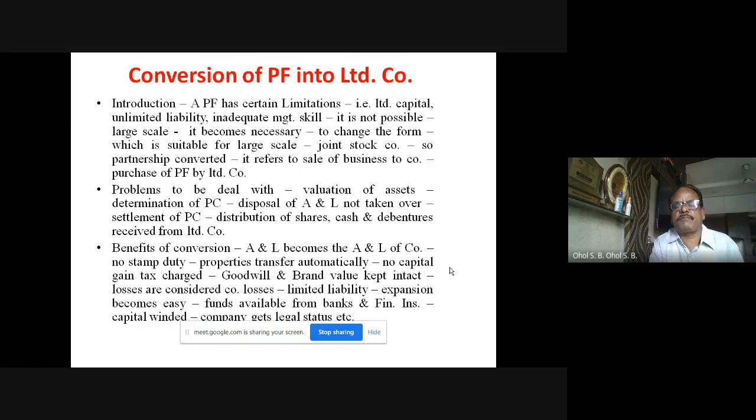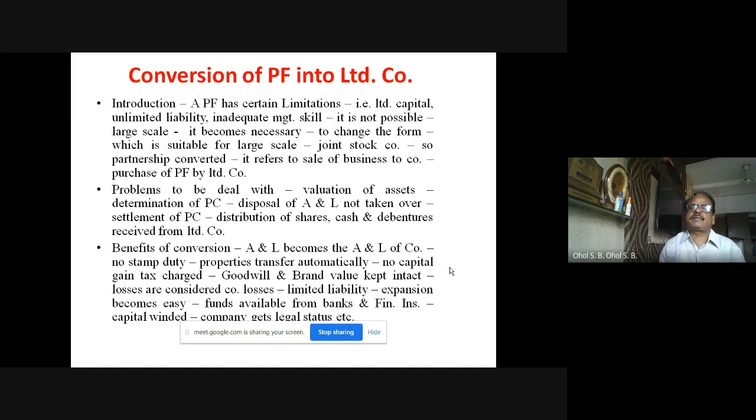So after three or four meetings everything is determined very well, and then the partnership firm can be converted into a limited company. This is the process wherein the partners get more opportunity. They can invest more by taking cash from the public also, by issue of shares, by issue of debentures, and by other sources of funds they can use.